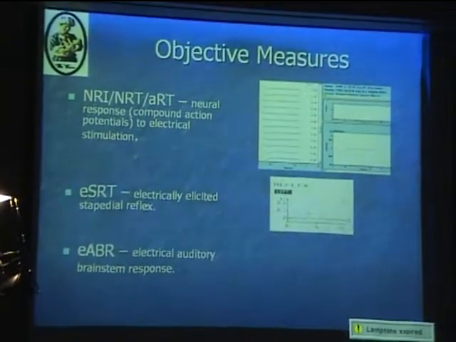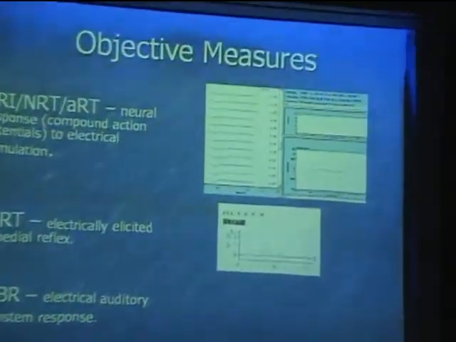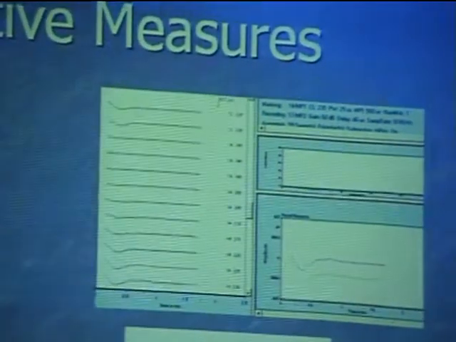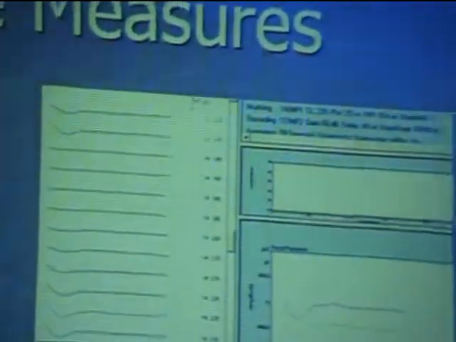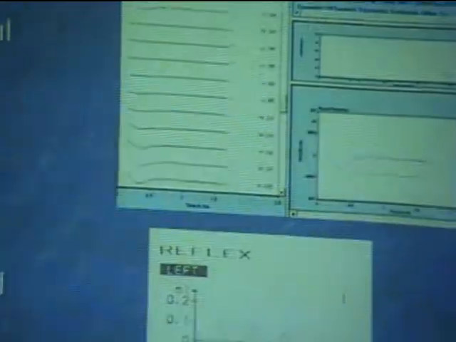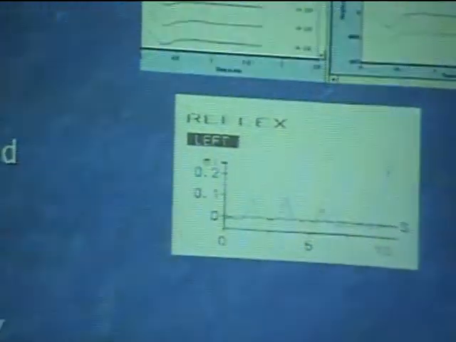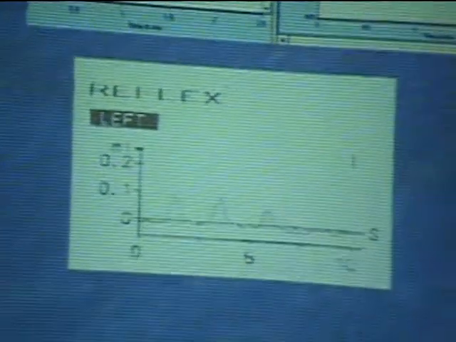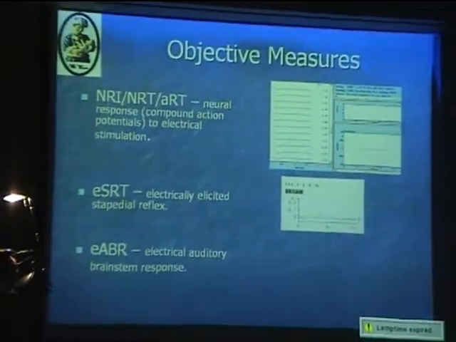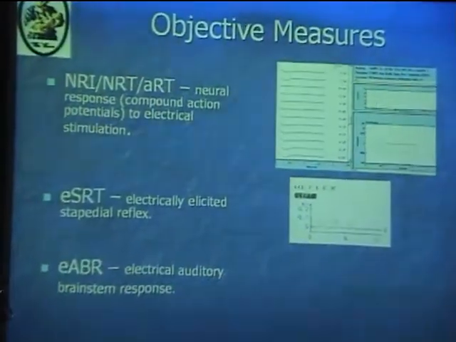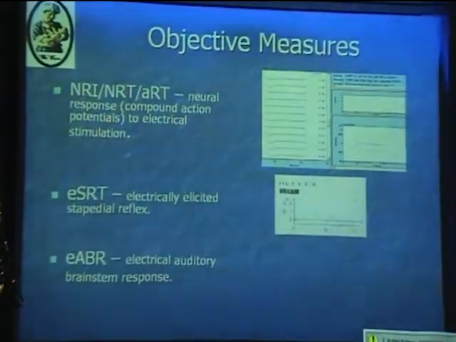The objective measures that can be done with the different implant systems are the neural response imaging or the neural response telemetry, where you get a compound action potential, a neural response to electrical stimulation, which can be measured through the software of the respective company. They have different names for the same measurement in different implant systems.